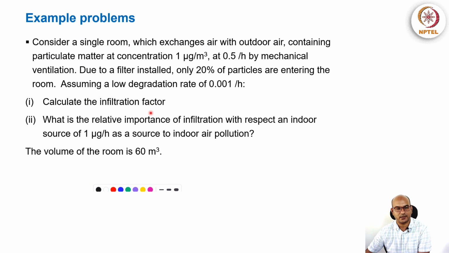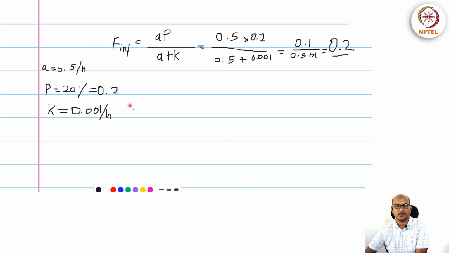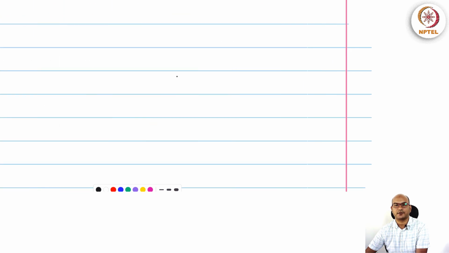So in terms of the source, our infiltration, which is 1 multiplied by 0.5 multiplied by 0.2 multiplied by 60, has a higher value. This acts as a larger source to the indoor air, because the infiltration flux is, as we saw, 6 microgram per hour, whereas Q is only 1 microgram per hour.